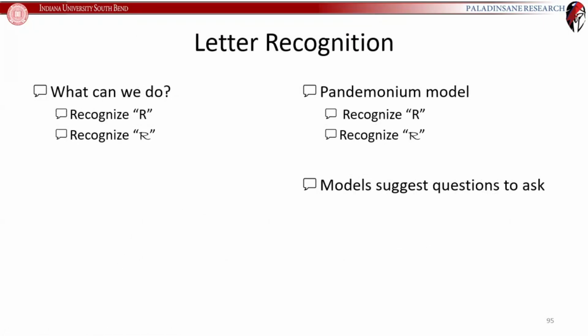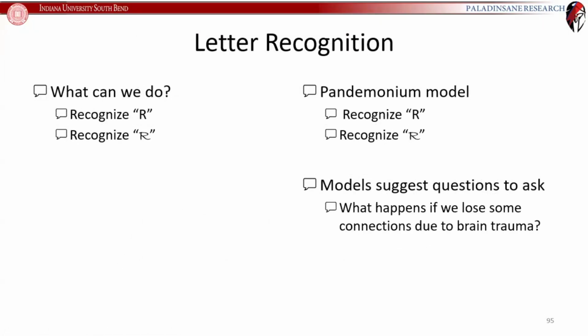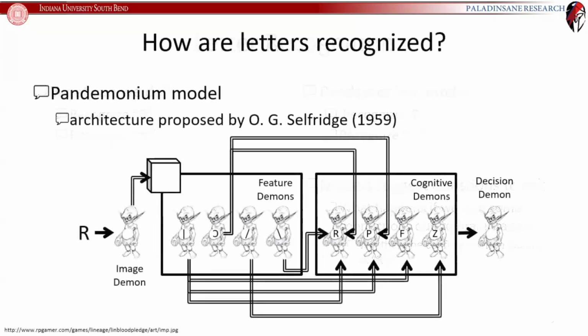Other questions that we can ask is, what happens if we lose some connections due to brain trauma? So will there be confusion now when looking at the letter R? Let's say that we had this represented in our brain, and then all of a sudden some trauma occurred to our brain, and the connection between that final slash feature demon and the cognitive demon R got severed and was now gone.